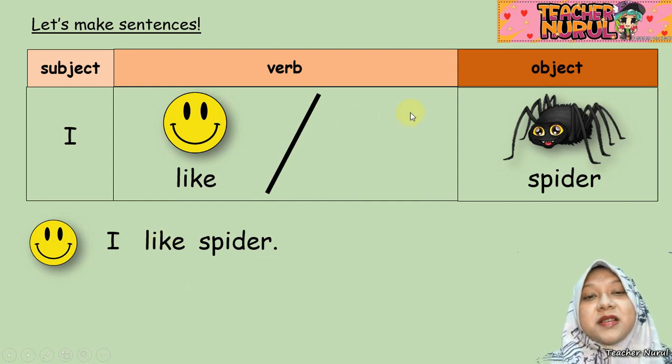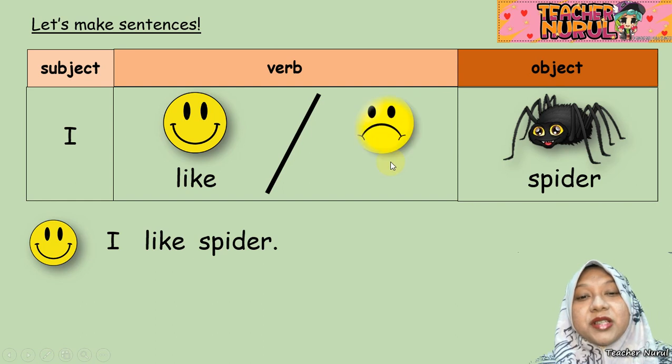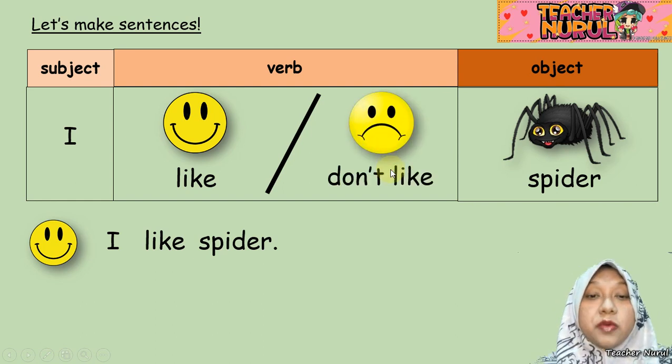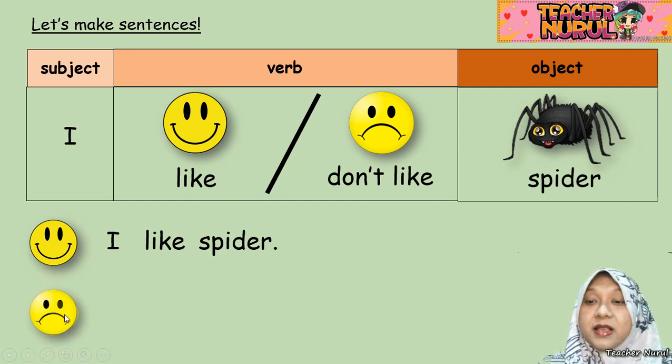Now let us look at our second verb for today, which is the sad face: don't like. Look at the sad face. First you write down I, and then you write down don't like.